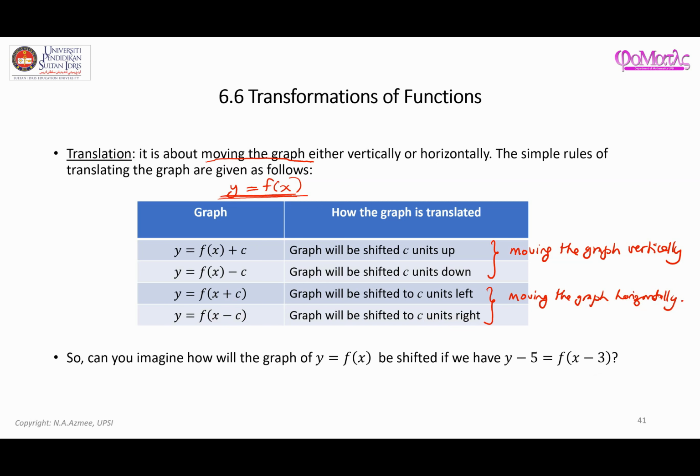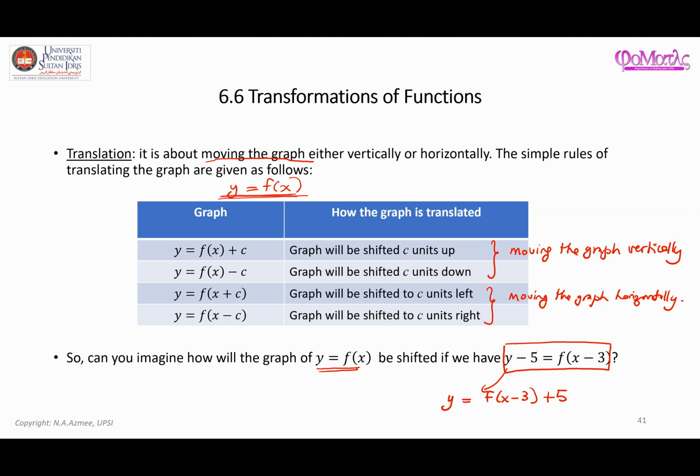So I hope you are able to imagine how the graph of y equals to f(x) will be shifted if you have this statement. Basically, y minus 5 equals to f(x minus 3) can be written as y equals to f(x minus 3) plus 5.